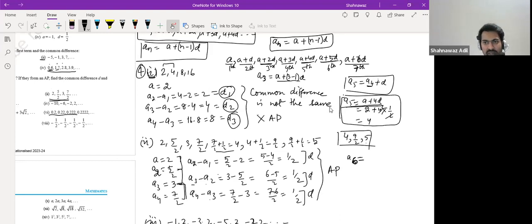This is the general term, and this is how we calculate it. If you want to calculate the sixth term, this would be A plus 6 minus 1 into D, so this would be A plus 5D.